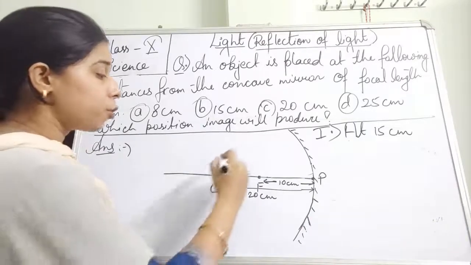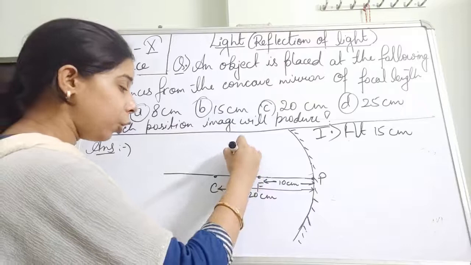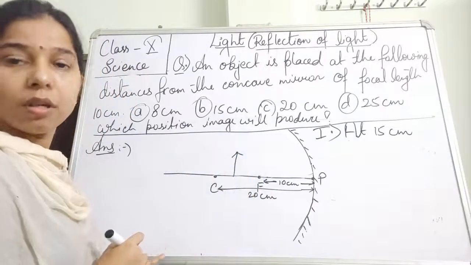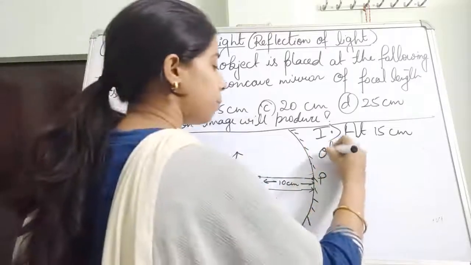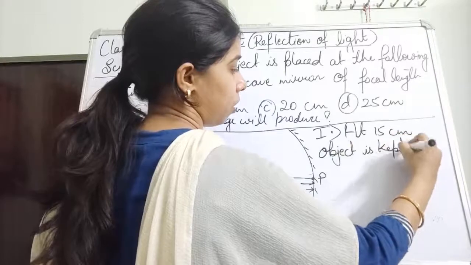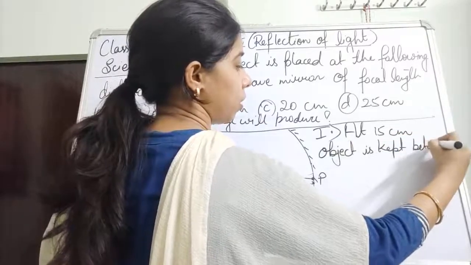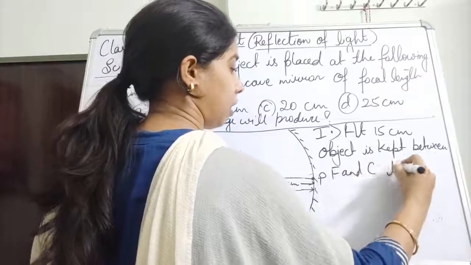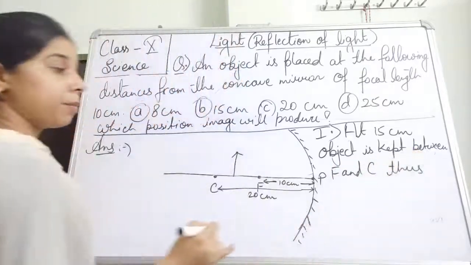So the object will be somewhere in between the focus and the center of curvature. So here the object is kept between F and C.